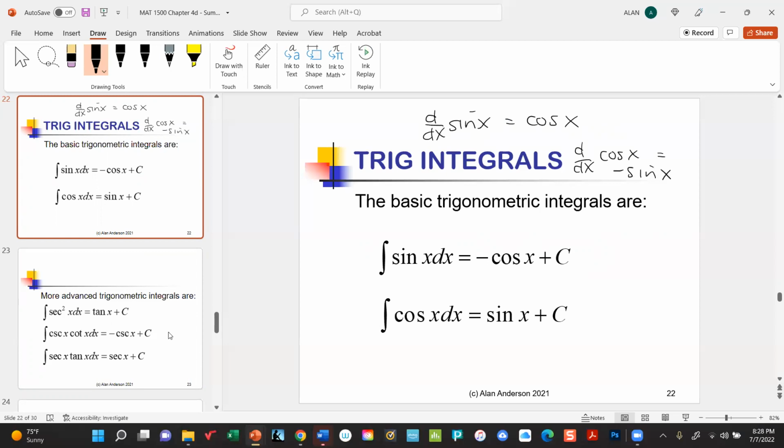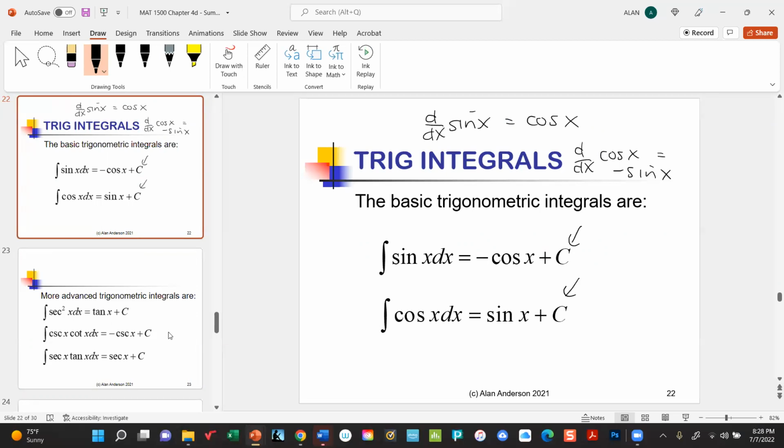So therefore, when you integrate the sine of x, you're going to end up with negative cosine x plus c, of course. And when you integrate cosine x dx, you'll end up with sine of x plus c.